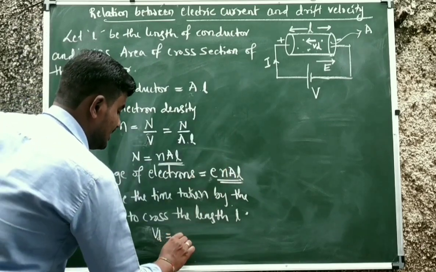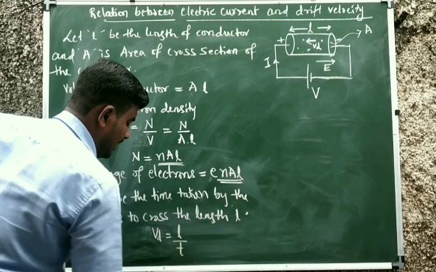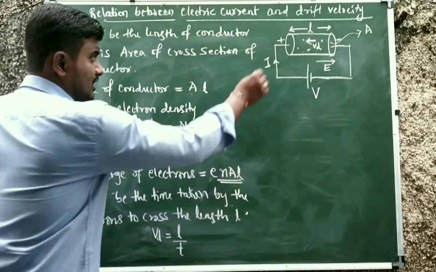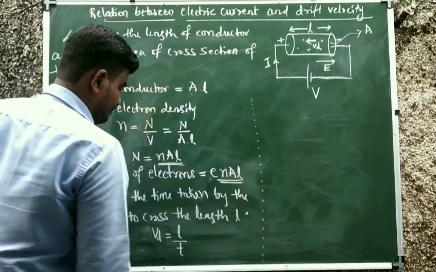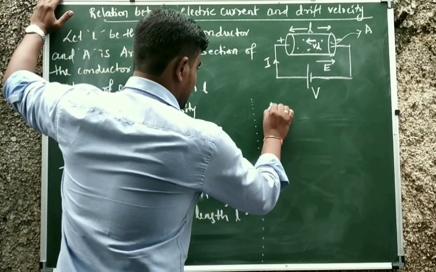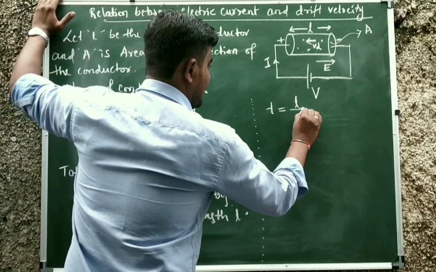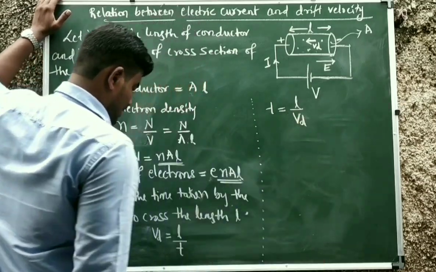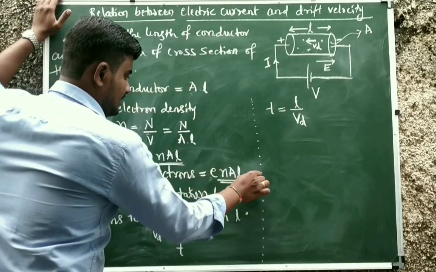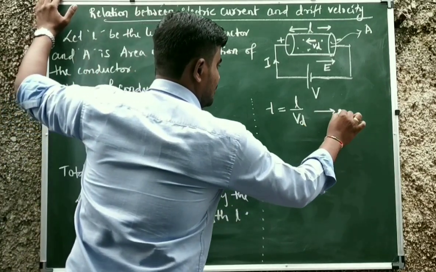Distance is L, and time is T, and Vd is the drift velocity. They are moving with drift velocity. Therefore T is equal to L divided by Vd. Let us call this equation 1 and the earlier one equation 2.